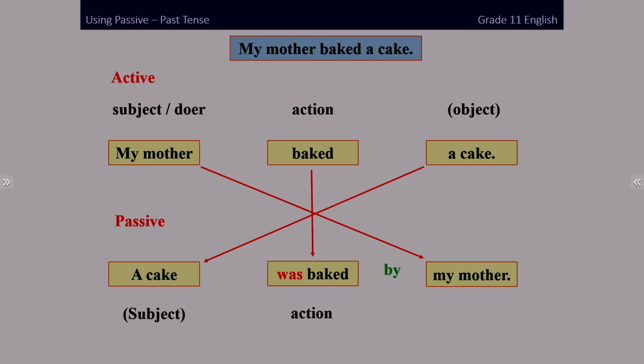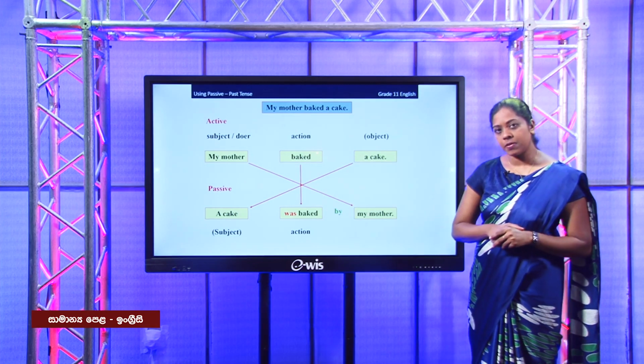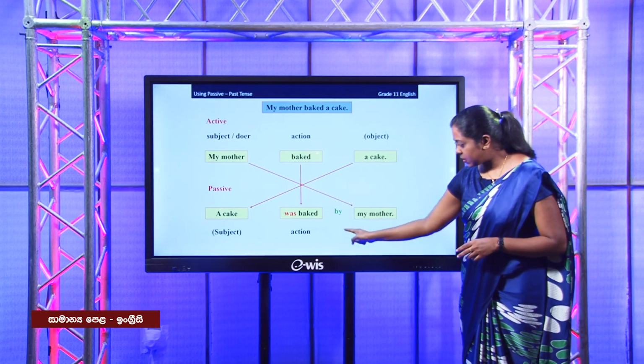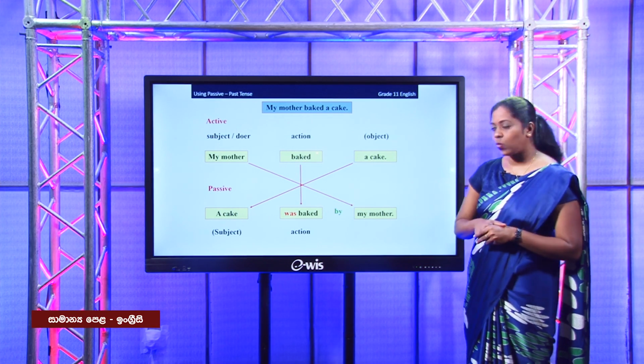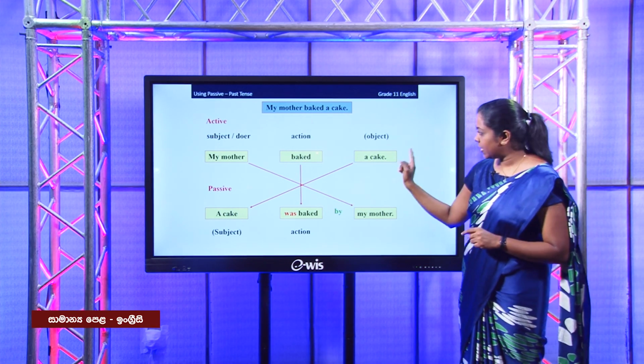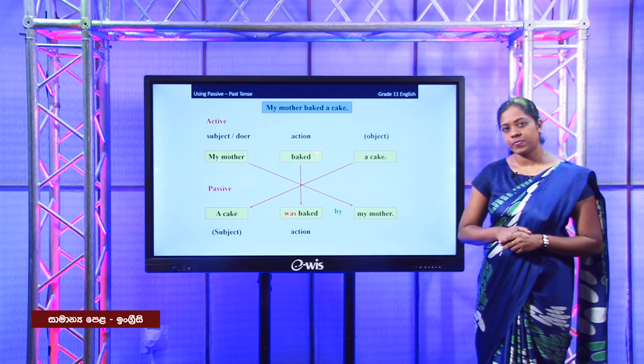We bring the subject of the previous sentence to the object position. Hope that is clear. Okay, there's no harm. You can observe the change in the verb and also this particular word included there. We will discuss that in a short while. For the moment, please observe the change.